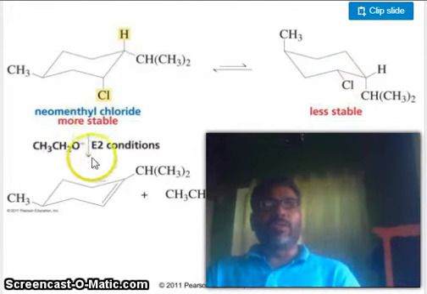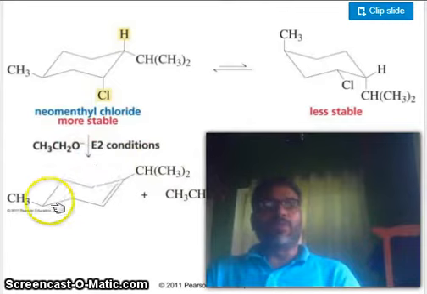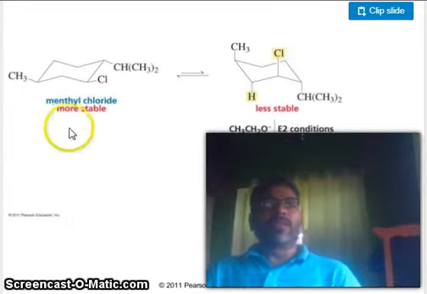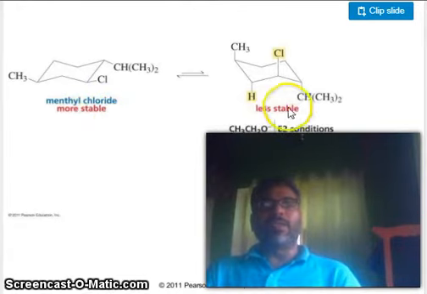This is your ethoxide, E2 conditions, forming this product. This is also a very important reaction for NET examinations and of course JAM also. Now methyl chloride, more stable, and this is the less stable. You see, axial, equatorial, and this is axial.